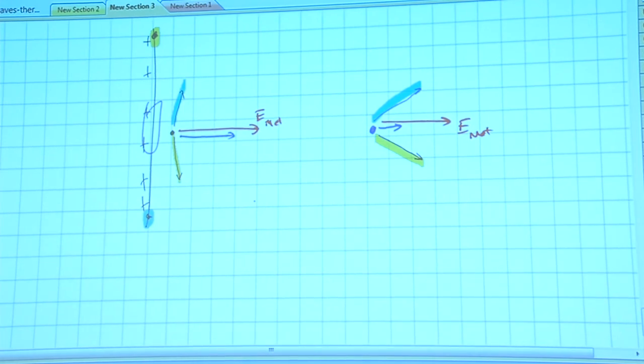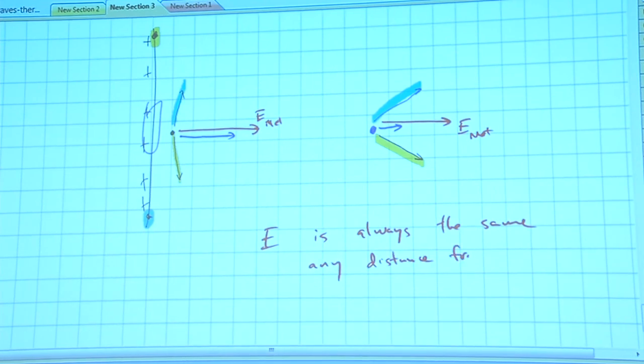So it's the same in both cases. Right, independent of distance. You see how that works out?